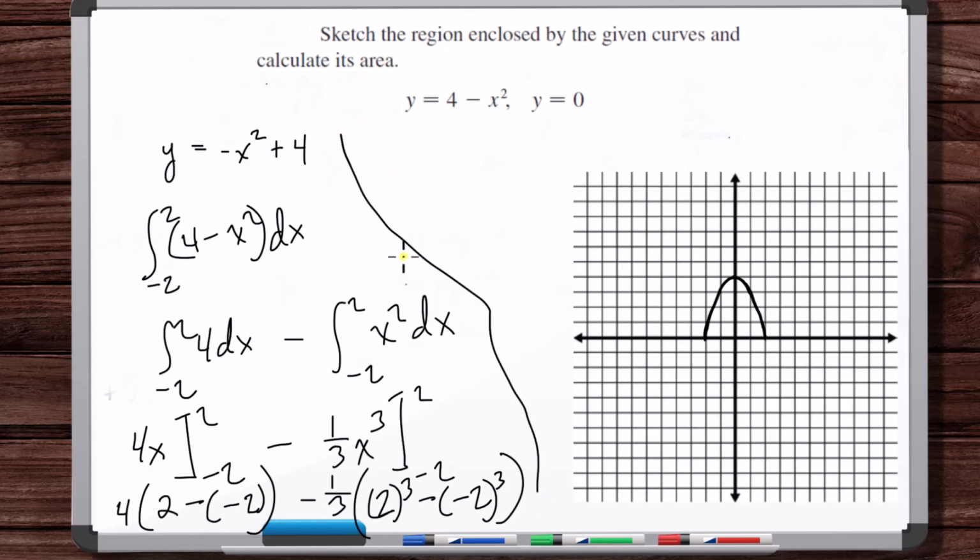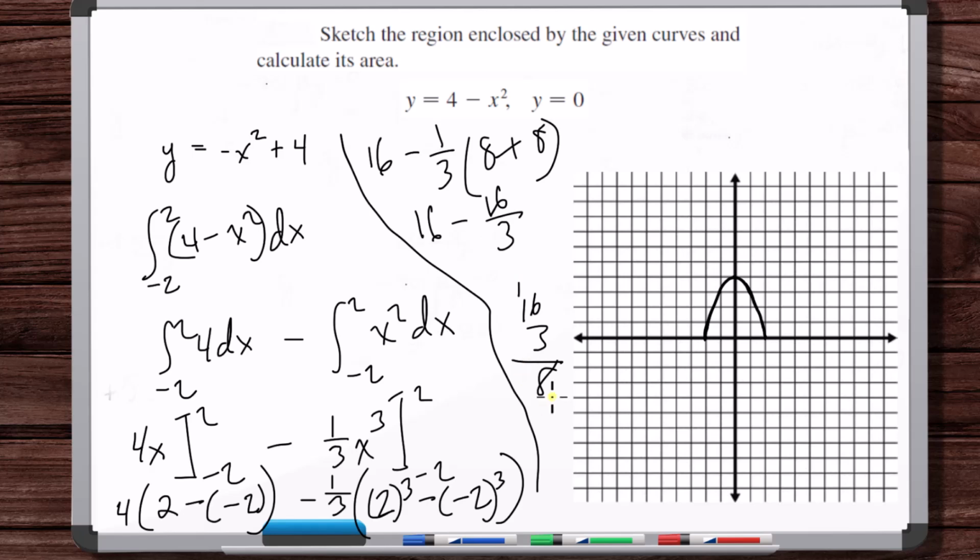So 2 plus 2 is 4. 4 times 4 is 16, minus 1/3, and then 2 cubed is 8, minus minus 2 cubed is minus minus 8, so plus 8. 16 minus 16/3. So 16 times 3 is 48. 48 minus 16 is 32. So this is 32/3. That is this area here.